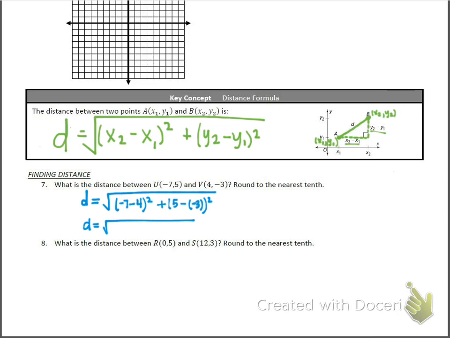Simplify. -7 minus 4 gives me -11 squared plus. One thing that I see a lot that you guys do, arithmetic error, subtracting a negative does what? Adds them. So 5 minus -3 actually is 8 squared.